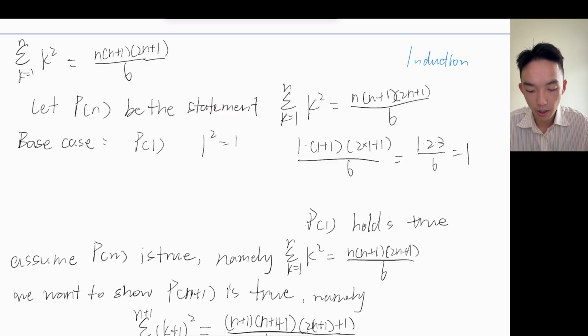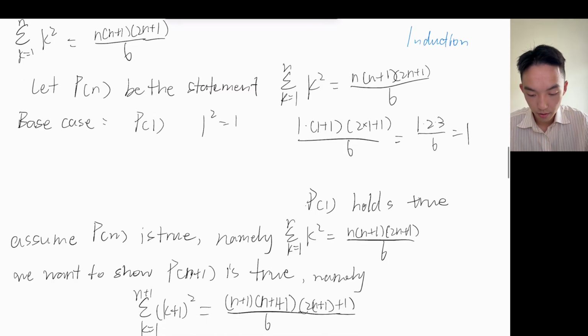Okay, the next one, we're going to prove the sum of k squared. It is equal to n times n plus 1 times 2n plus 1 divided by 6. We're going to use proof by induction. The symbol actually means 1 plus 2 squared plus 3 squared plus until n squared. We let Pn be the statement of this formula. First, because it's induction, we prove the base case.